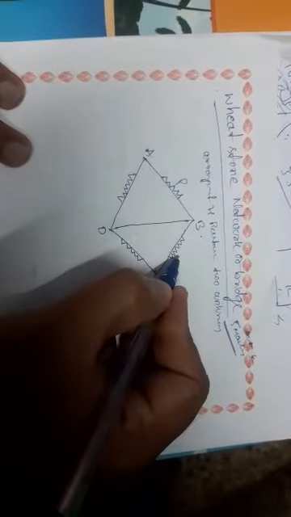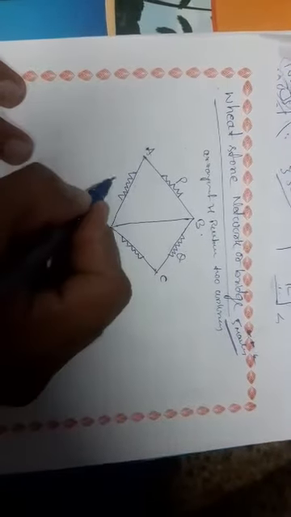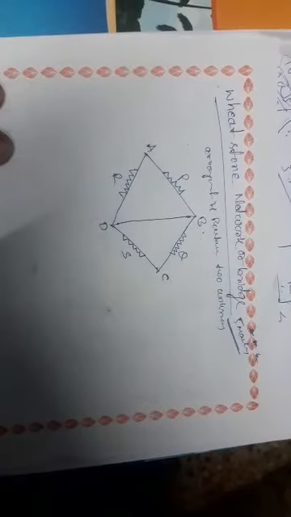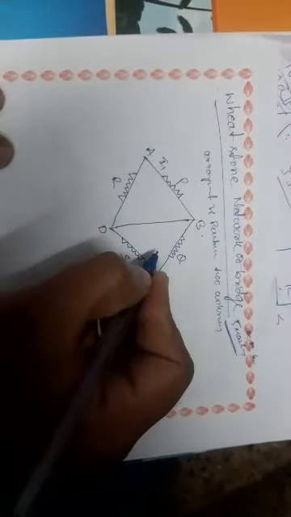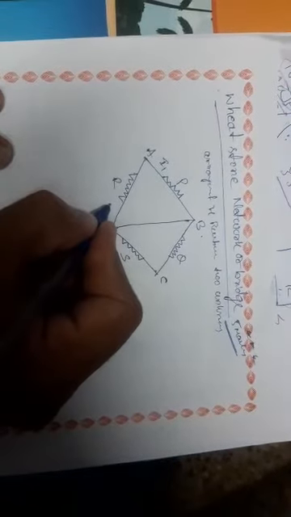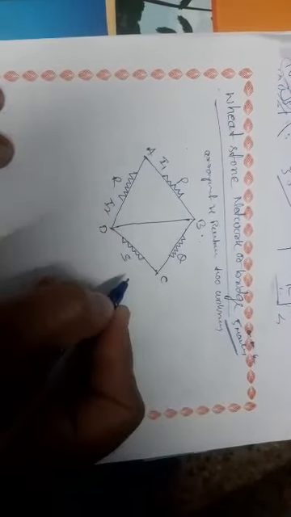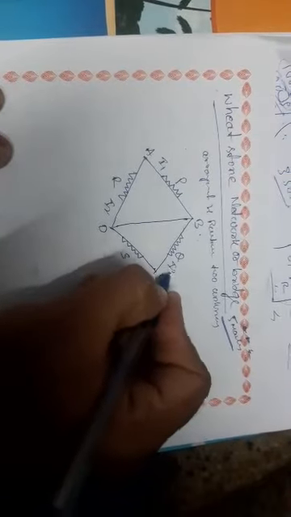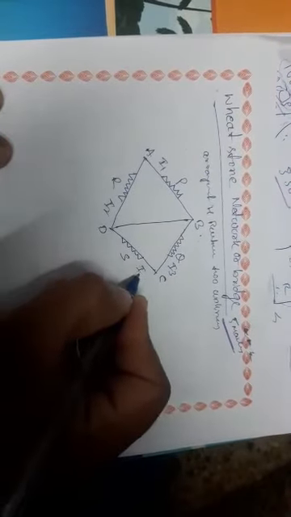P, Q, R, S are the 4 resistors, and I1, I2, I3, I4 are the currents flowing through each conductor.